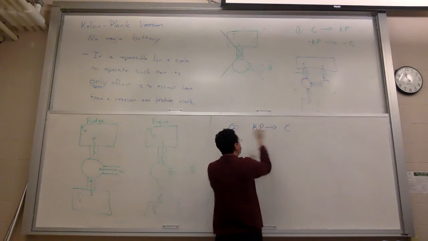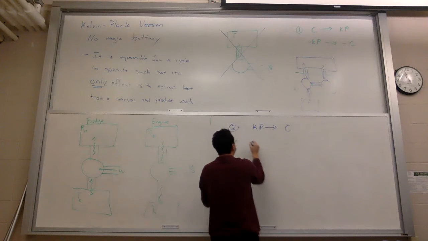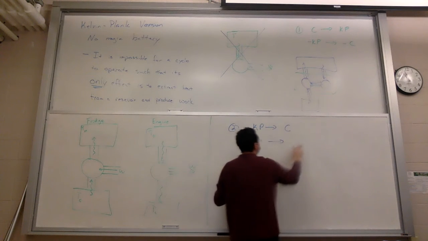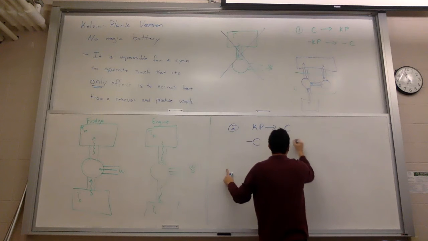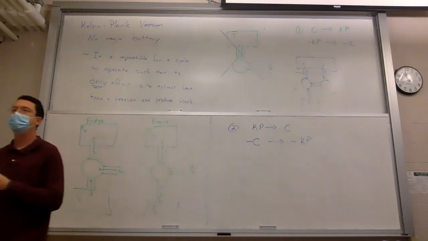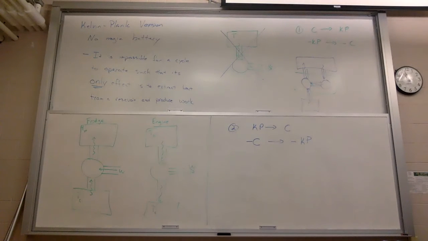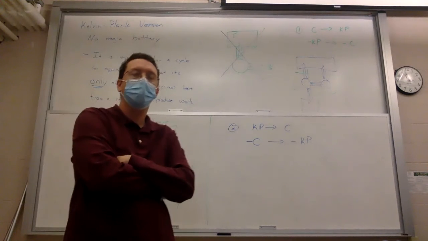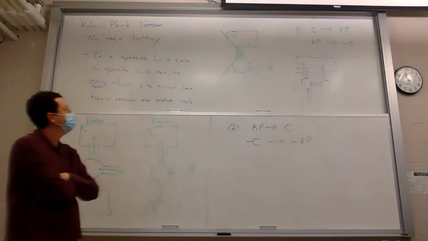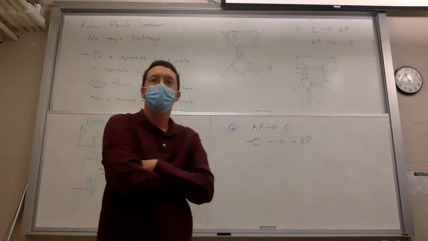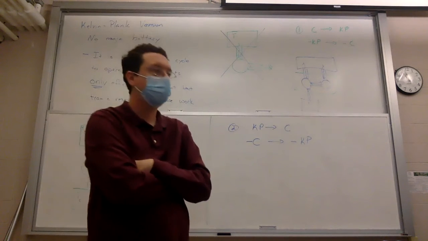Instead, we're going to work out the contrapositive. Assume that if you had a magic refrigerator, you could design a magic battery using real devices. Okay. Think about how you would do that. I'll give you a couple minutes to think about that.